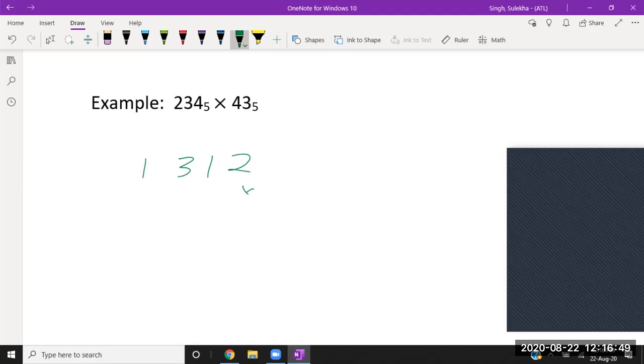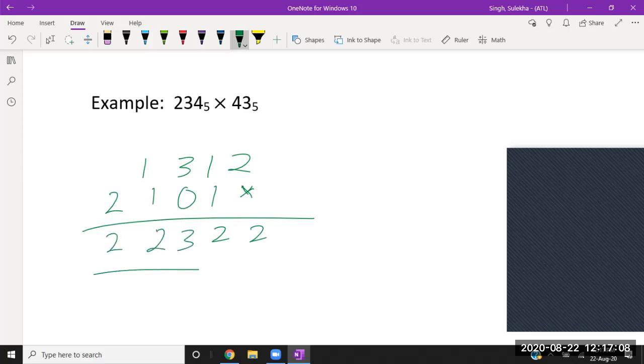If I shift one place, that is 1, 0, 2. This is 2, 2. 3 plus 0 is 3, 1 plus 1 is 2, and this 2 is 2. So your answer is 22322 in base 5.